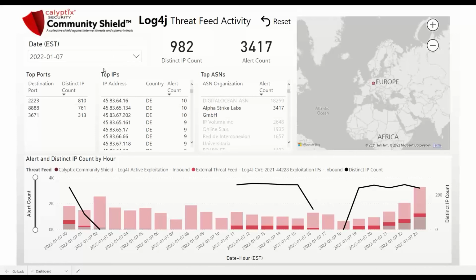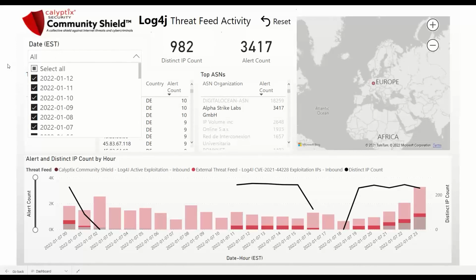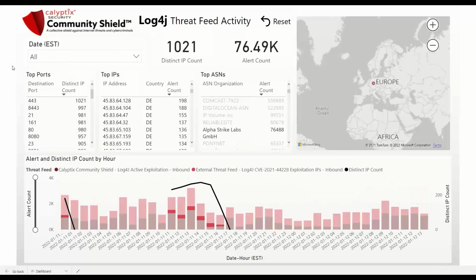Then as they develop one for FTP, they scan FTP the next day, and so on and so forth. Like I saw 161 there as well, which is SNMP. I think Alpha Strike has been doing this since December, and creating a lot of noise. It's creating noise, but it's also creating targeted noise, which is suggestive of newly identified vulnerabilities, maybe?